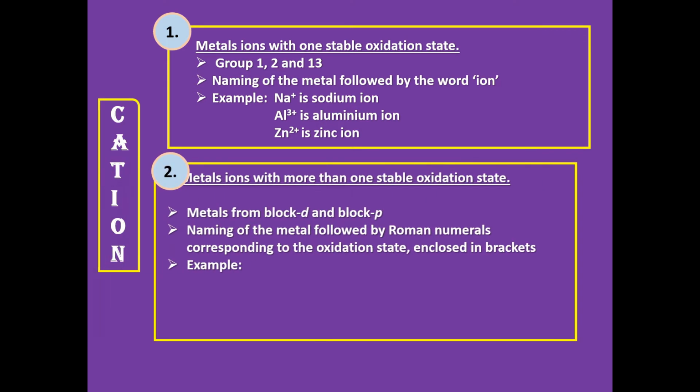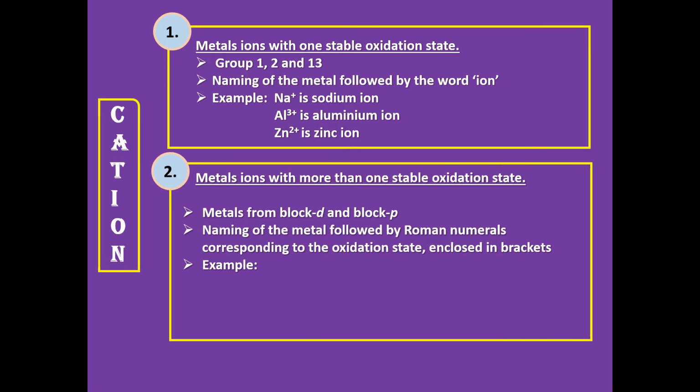Second part, metal ions with more than one stable oxidation state. Metals from block d and block p. Naming of the metal followed by Roman numerals corresponding to the oxidation state enclosed in brackets.